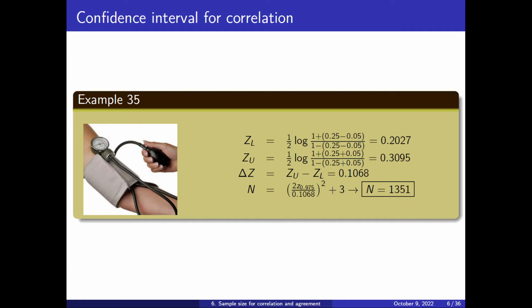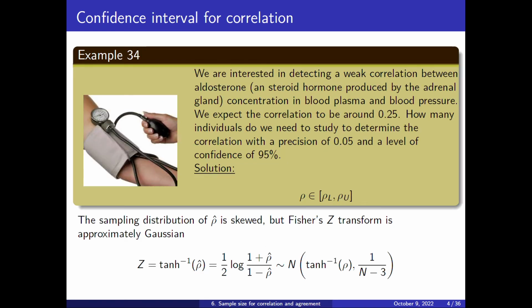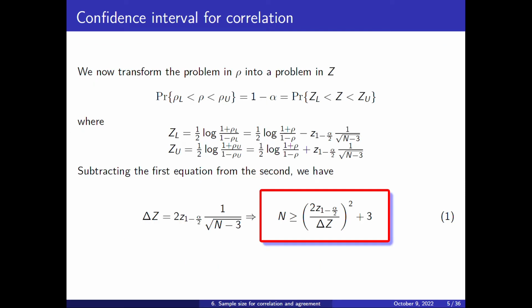It is important to make a clarification, as we have always done with the sample size calculation. We need to hypothesize what the expected value is. It doesn't mean that the true values will be exactly the ones that we have chosen. They don't need to be this 0.25, but it has to be around it, because otherwise we cannot make any calculation at all, and we cannot know the sample size that we need to have more or less that precision.